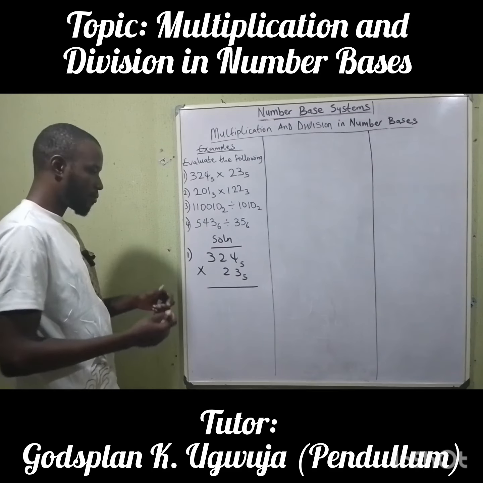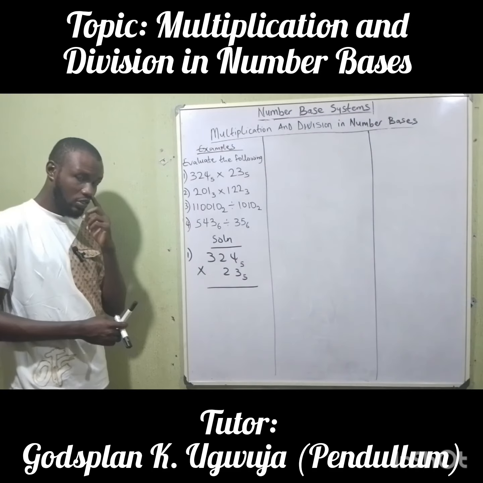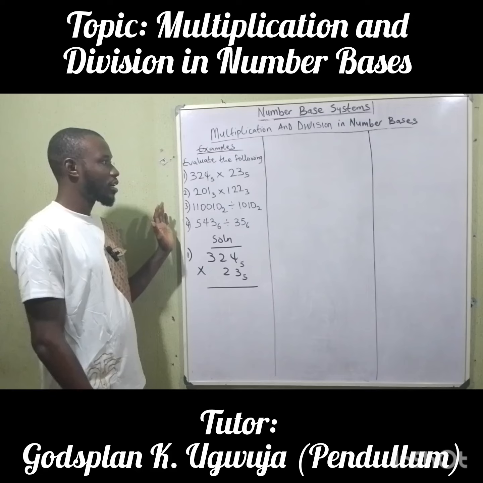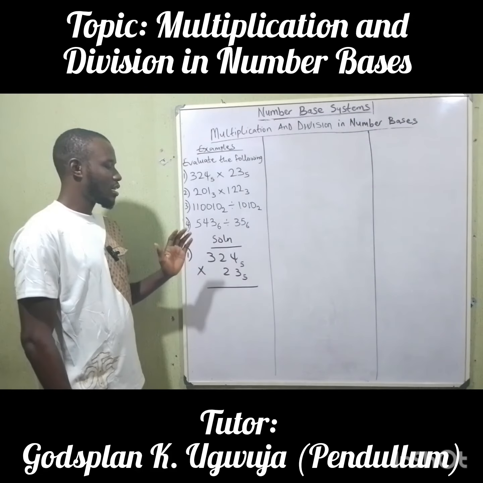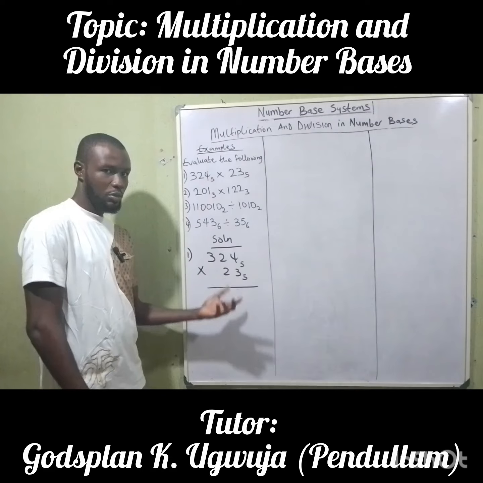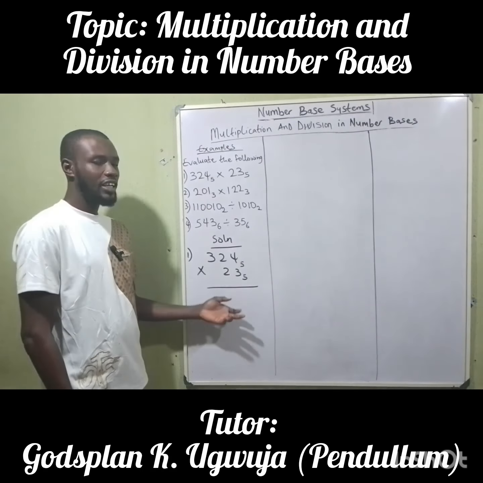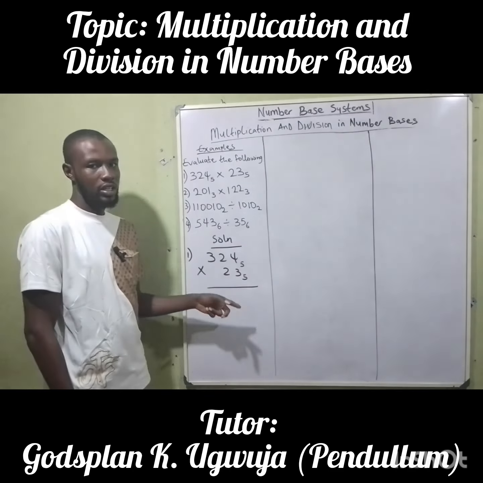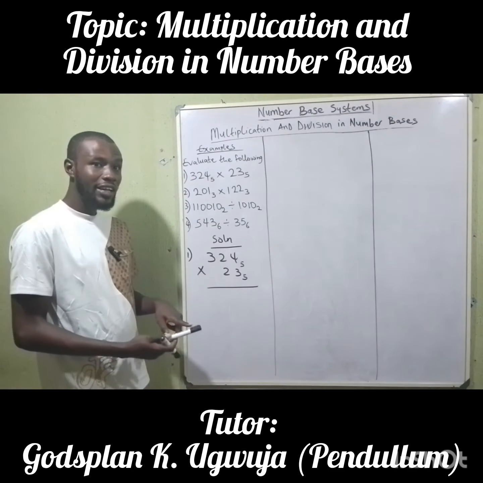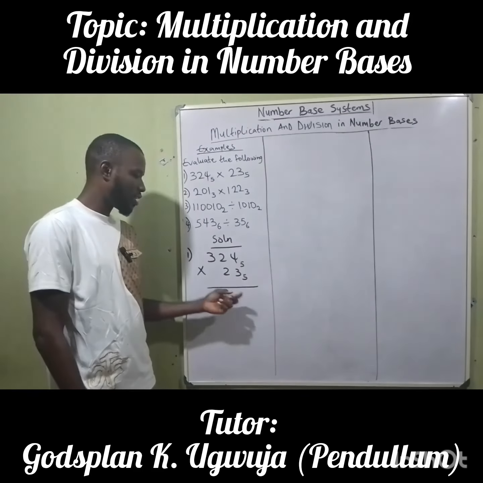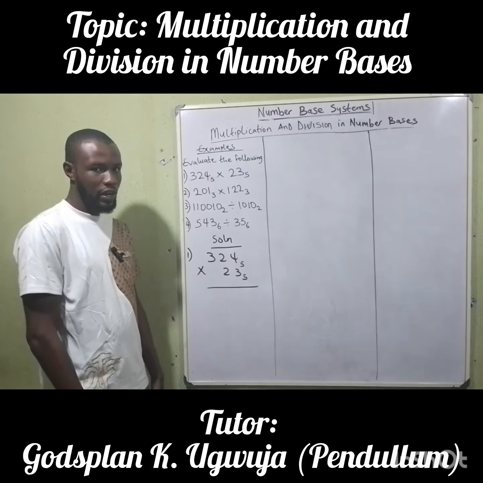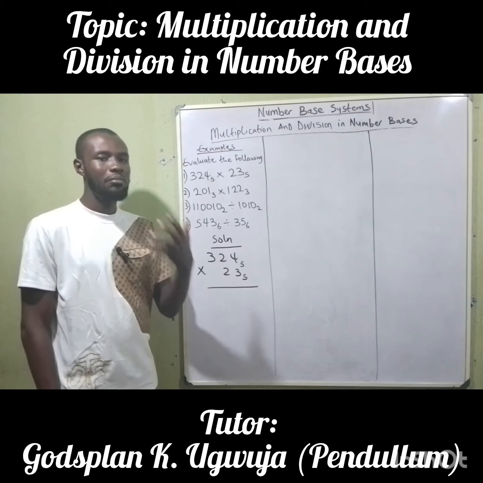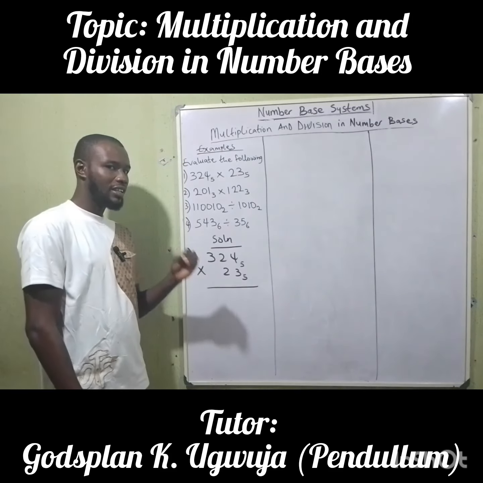Now, just like I told you when we looked at addition, the concept of working with number bases is that whenever you add, subtract, or multiply, and you get a number which is equal to or greater than the base you're working in, you're going to need to convert that number to the base you're working in before you write it down. Remember I told you in our first video, the highest digit in any base is one number less than that base.